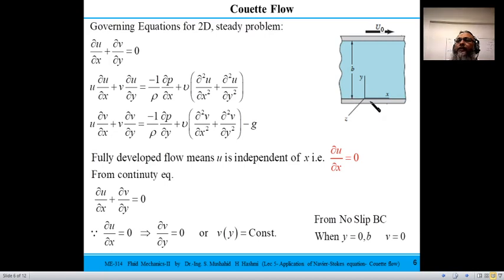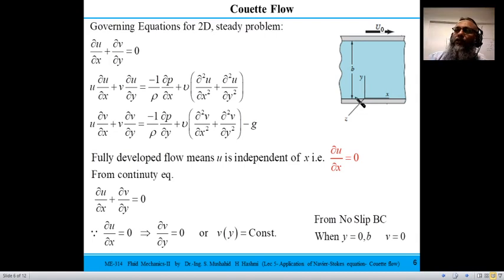So when y is 0, or even y is b, the top layer which is moving with velocity u naught, the y component of the velocity would be 0. It means there is no flow taking place in the y direction, either here or here. Fluid is not coming out of the plate. That's why v is 0 when y is 0 as well as y equals b.